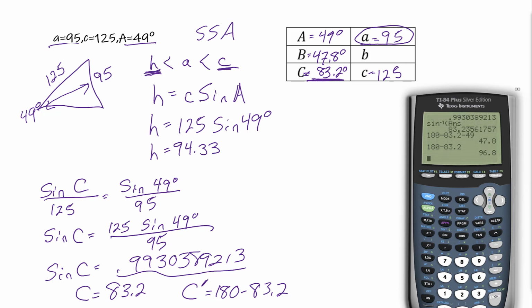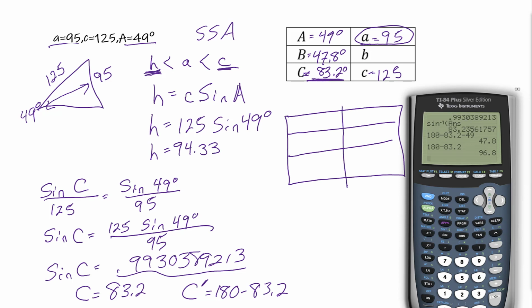So another option for this pair of triangles, A would be 49 degrees, that was given. Little a would be 95, that was given. Little c was 125, that was given. And big C, we'll call it C prime, is equal to 96.8.